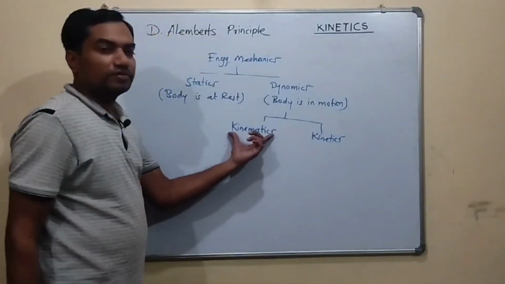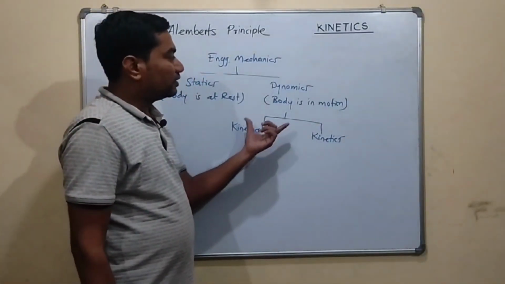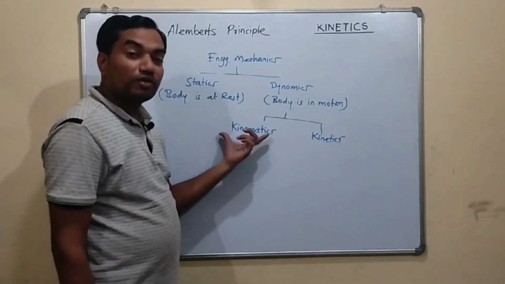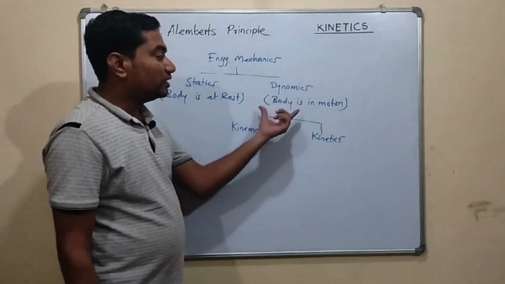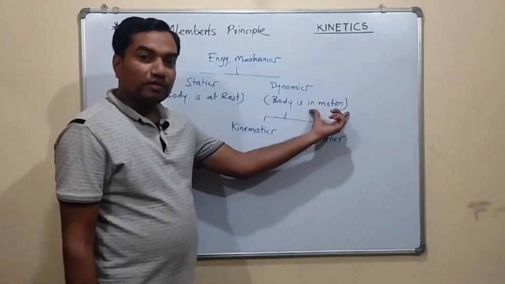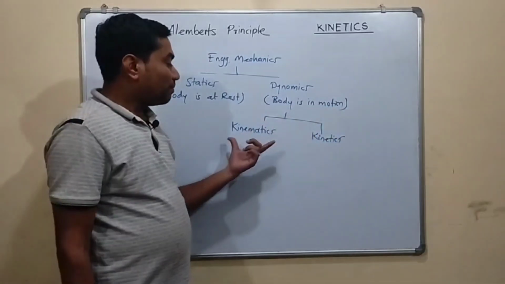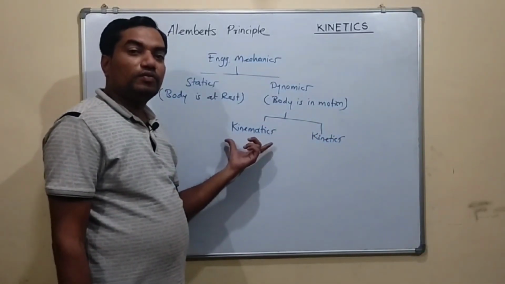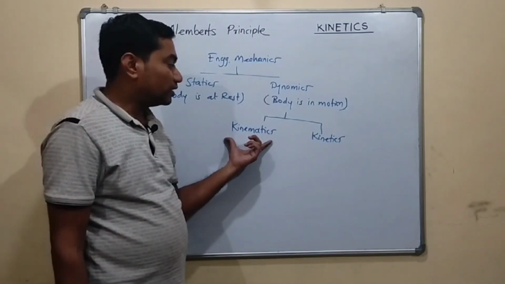Kinematics is the branch of dynamics which deals with the motion of the body, considering only the mass of the body. Here only the mass of the body is considered; the force causing motion is not considered.